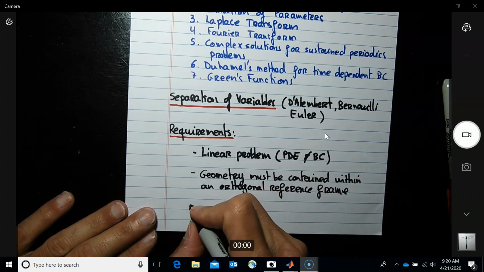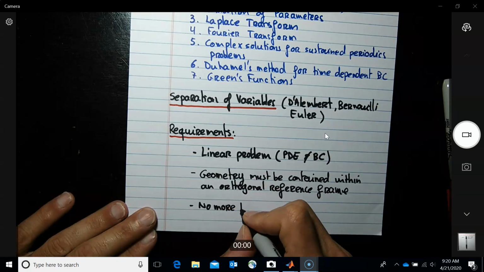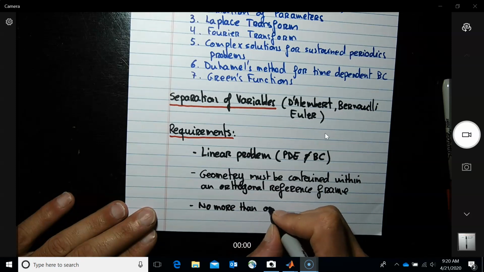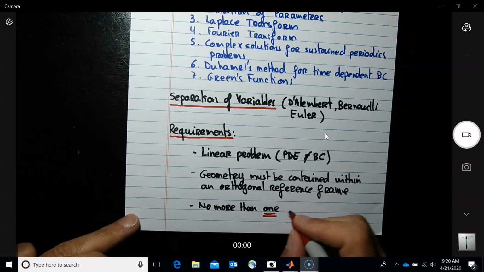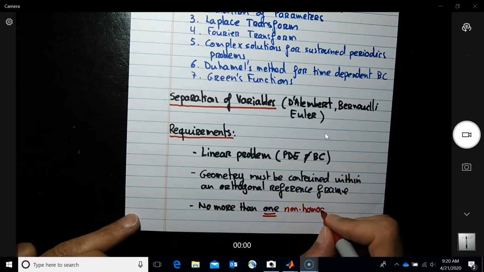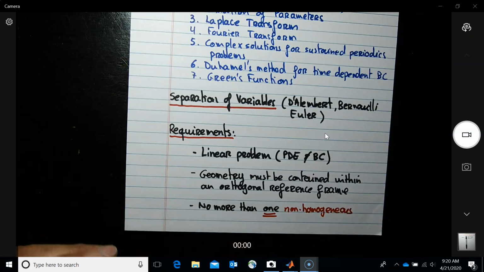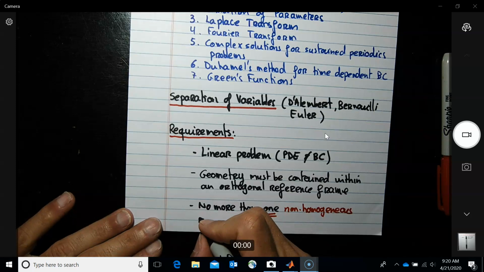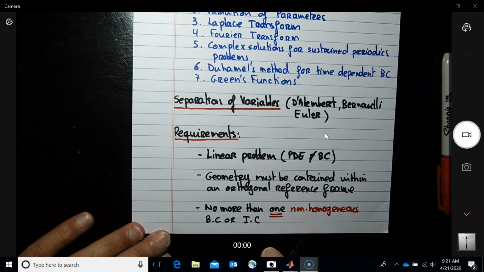Okay, and this is the most important: no more than one non-homogeneous boundary condition or initial condition.